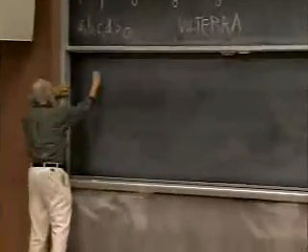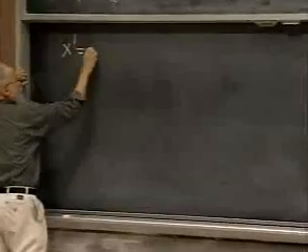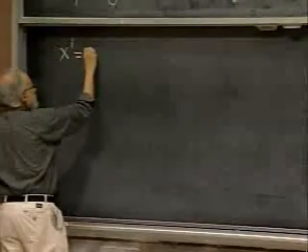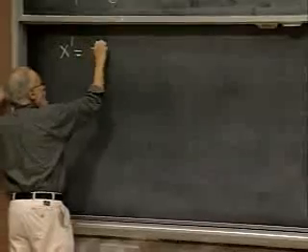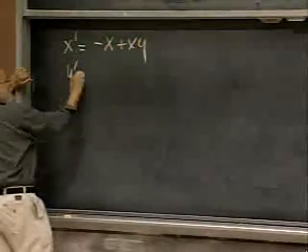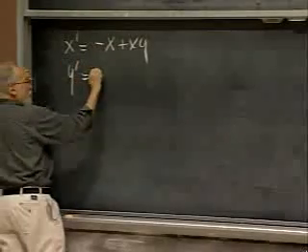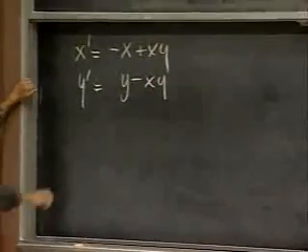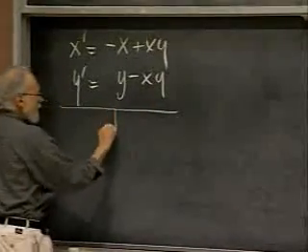Volterra said, okay, I've got my equations. x prime equals minus x plus xy. y prime is equal to, these are the food fish, y minus xy. Let's eliminate t.